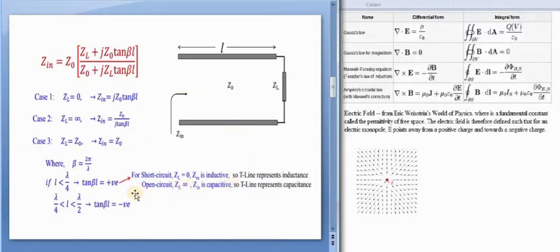So for the short circuited case, that is if ZL tends to 0, the nature of this impedance will be inductive, whereas if it is open circuited, it will be capacitive in nature.